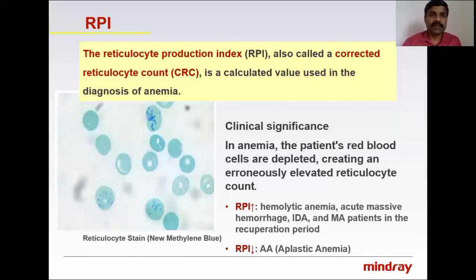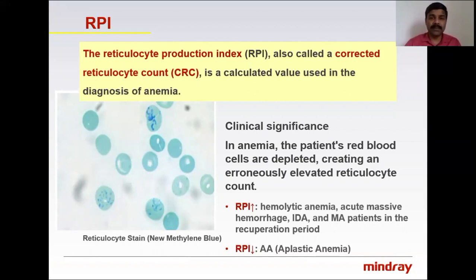methods. So the next new parameter is the RPI, the reticulocyte production index, which correlates to the corrected reticulocyte count, and which is very important in case of anemic patients. In an anemic patient, apart from having the reticulocyte percentage and absolute count, we also should have the corrected reticulocyte count. This will be done in terms of the reticulocyte production index, that is RPI.